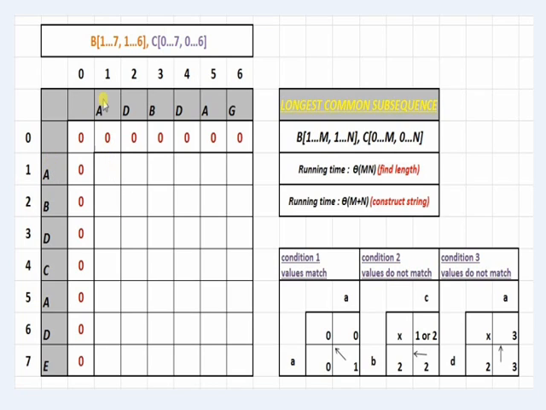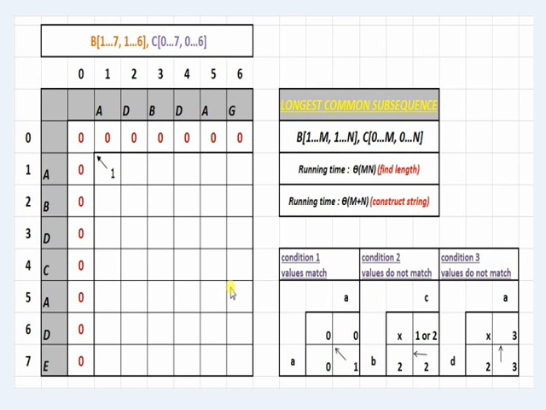If they are matching, like A in the first row and the first column, then the first condition applies: we have to draw an arrow pointing diagonally towards the value in the diagonal cell, increment that value by 1 and write it here. So 0 plus 1 will give you 1.